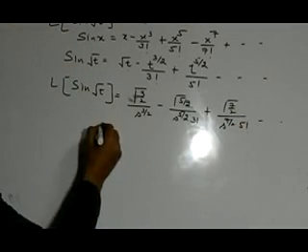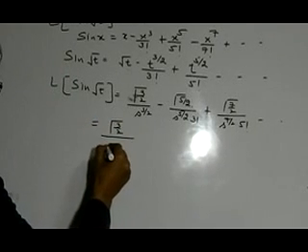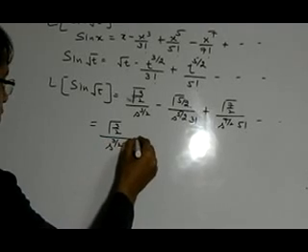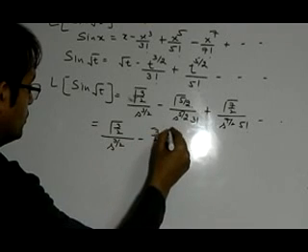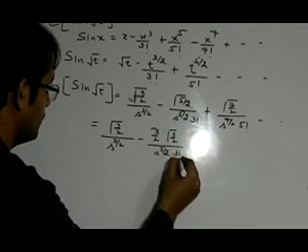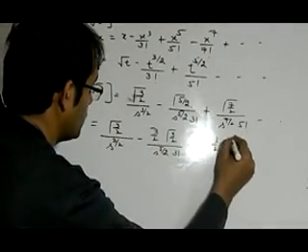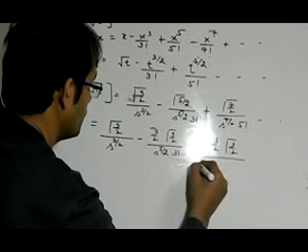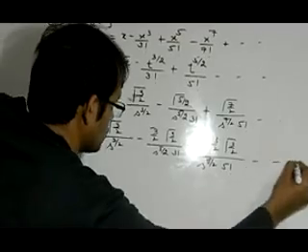So you know that this can be written like that: 3 by 2 into gamma 3 by 2 upon s to the power 5 by 2 into 3 factorial plus 5 by 2 into 3 by 2 into gamma 3 by 2 upon s to the power 7 by 2 into 5 factorial and so on.